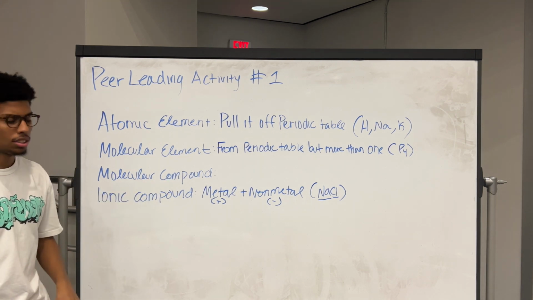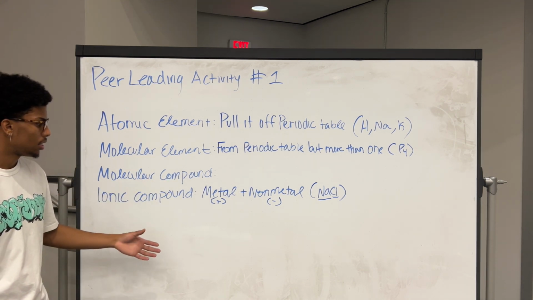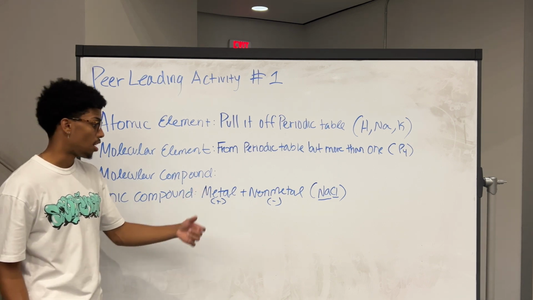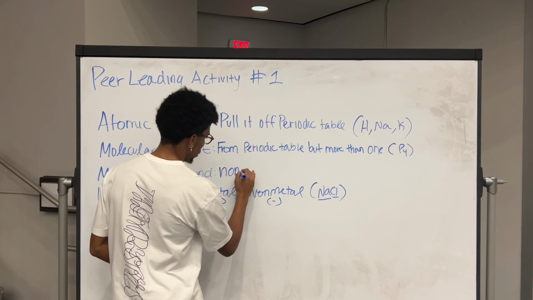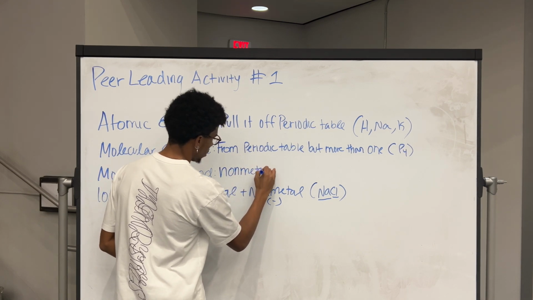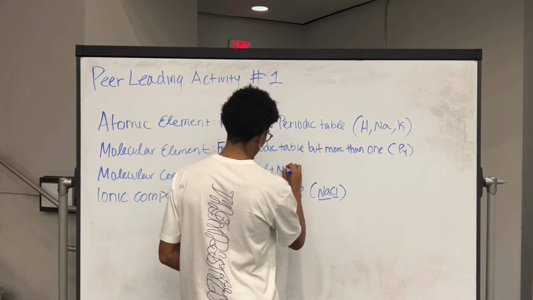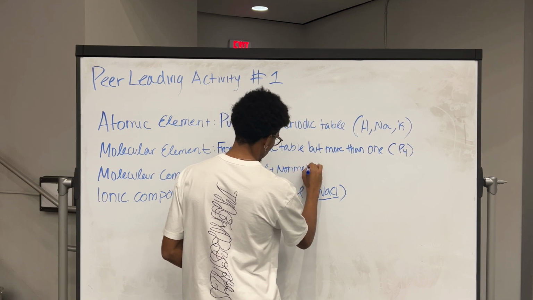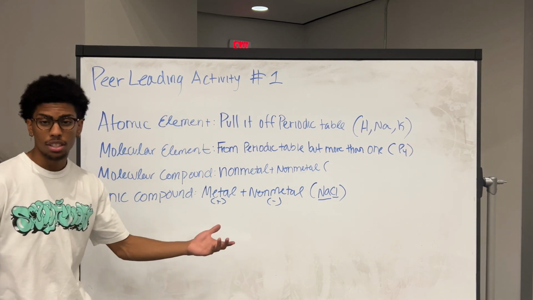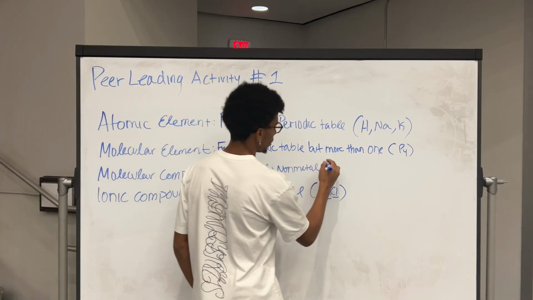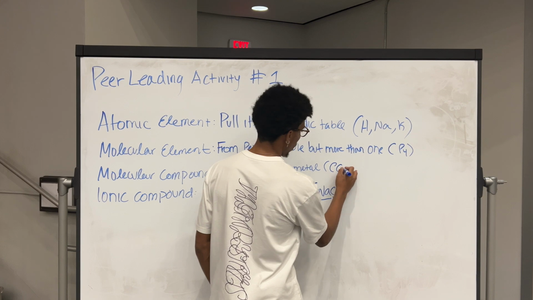Molecular compound is a non-metal plus a non-metal. So a non-metal plus a non-metal, okay? An example of that would be carbon dioxide. Carbon is a non-metal, oxygen is a non-metal.